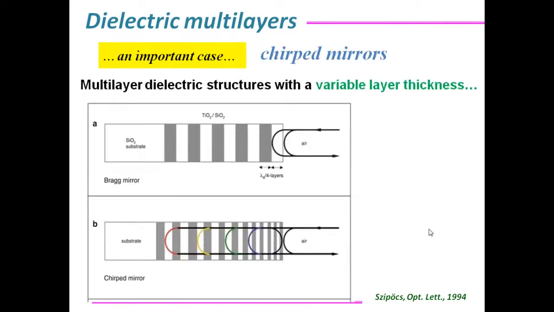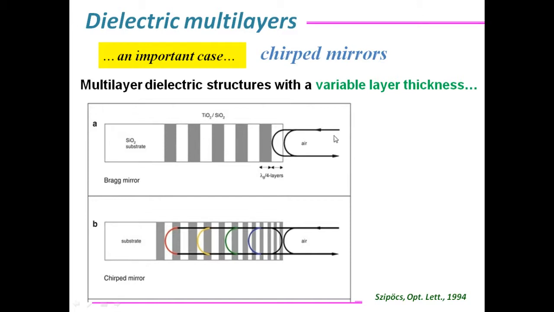Well, a very important case, the chirped mirrors. What are they? They are multi-layer dielectric structures with a variable layer thickness. In the top figure, we've got a Bragg mirror, a periodic multi-layer, so we have N1, N2, N1, N2, but all with the same thickness.